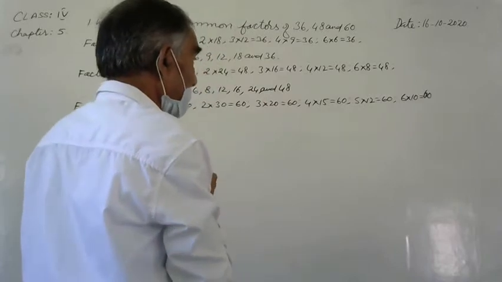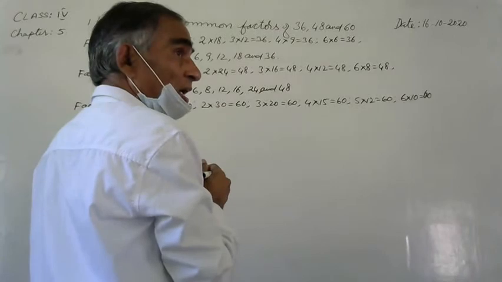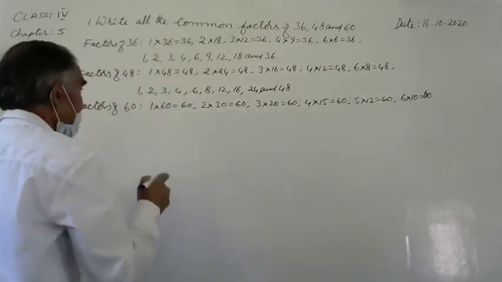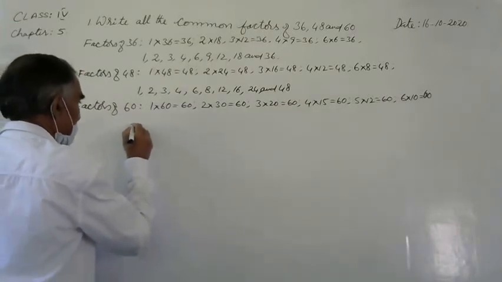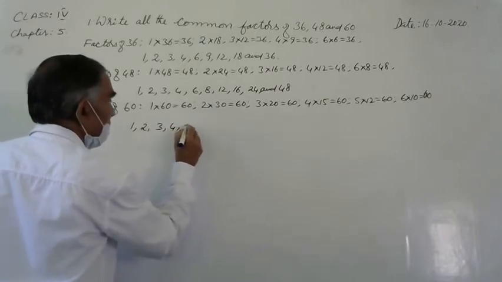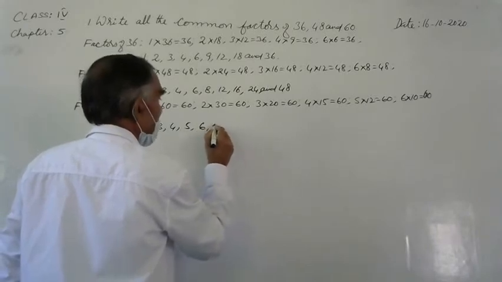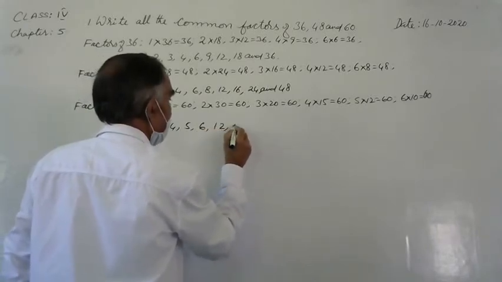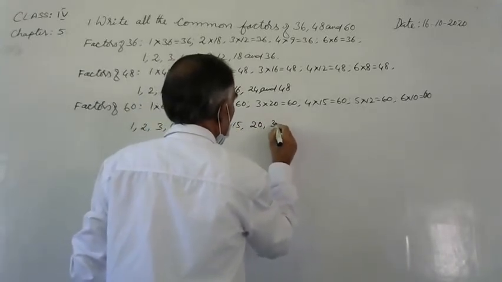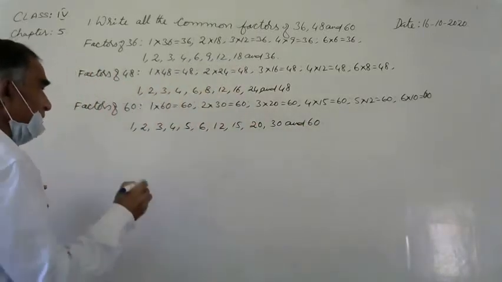After that, 7 is not a factor, 8 is not a factor, 9 is not a factor. If you write them in order: 1, 2, 3, 4, 5, 6, 10, 12, 15, 20, 30, and 60. Now you write the common factors.